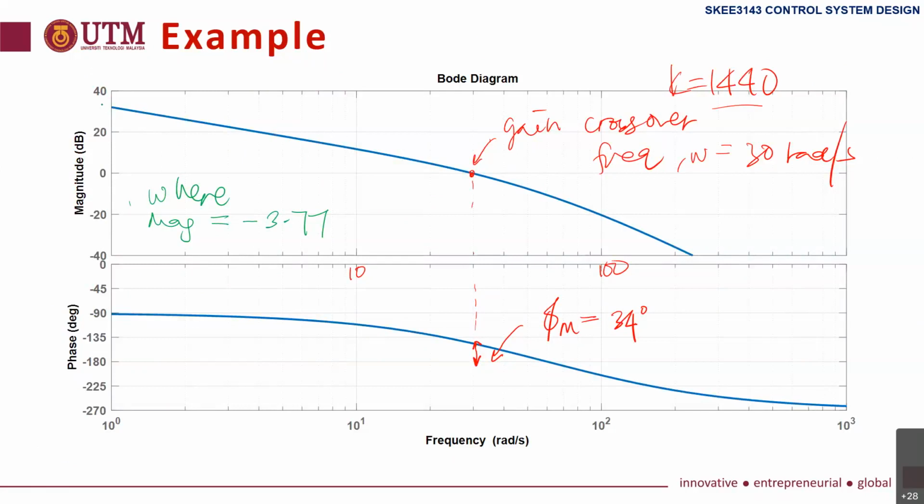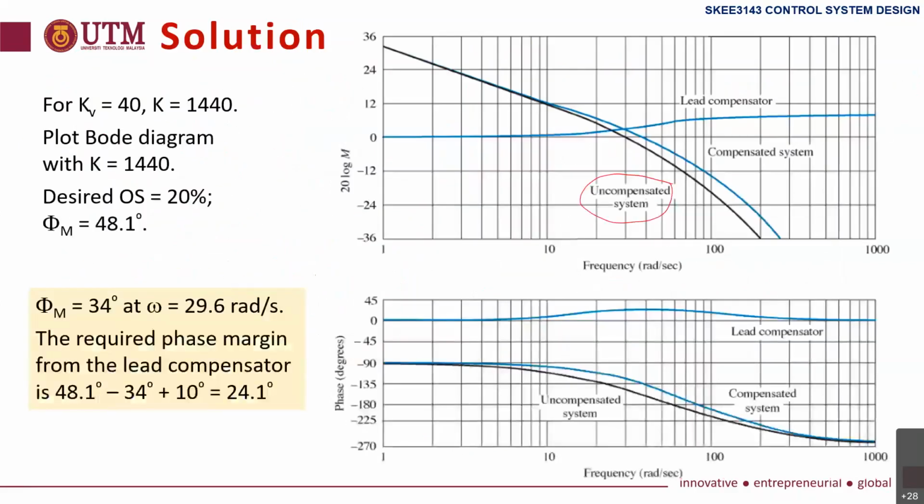So from the graph, we have to check where minus 3.77 is. Of course, not easy here. The scale is not good, very small. So we can check minus 3.77, about here. Okay, I will use the one here.